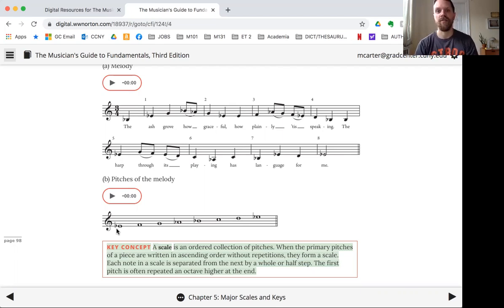If it starts on C: C, D, E, F, G, A, B, and then C. There can be accidentals in there depending on the scale, but every letter will only be seen or heard one time. Very, very important. Again, the first note might be played an octave higher or lower at the end, depending on which direction, but it's an ordered collection. Each note is separated by either a whole or a half step.